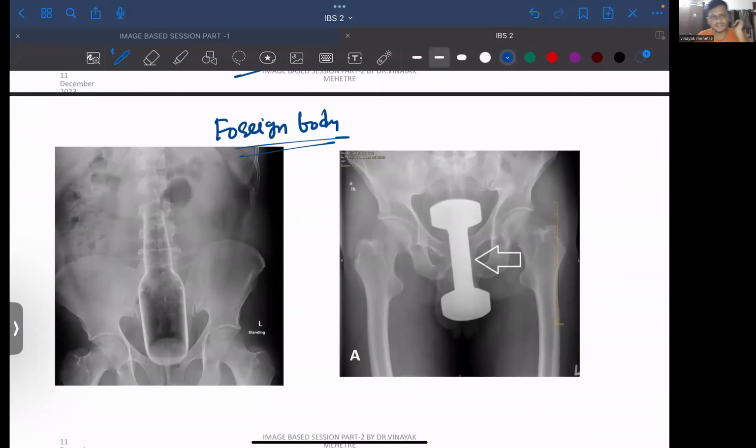Foreign body insertion in the vagina or in the anal region. I have seen a patient who inserted a wire inside the penis. So these are foreign bodies. What will we do? We have to remove it. If it is a thinner wire, we can remove it. Otherwise we have to put the patient under general anesthesia and take it out. Okay.